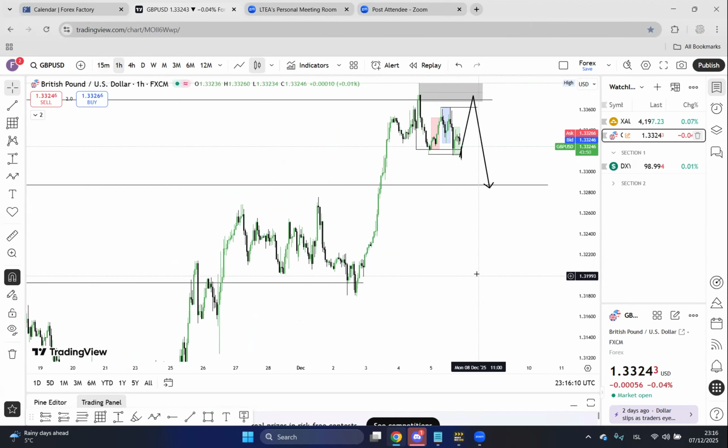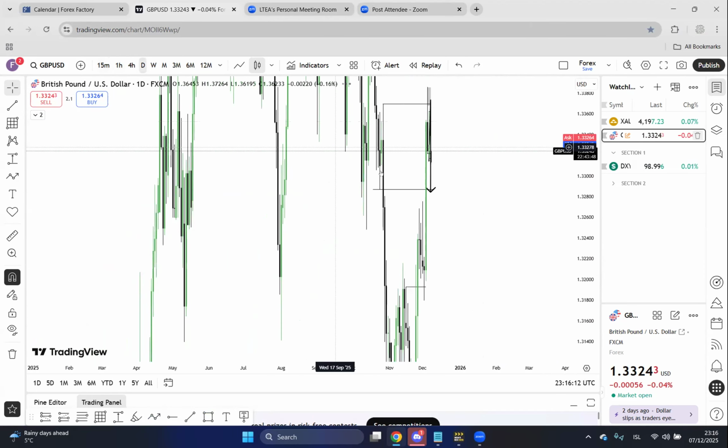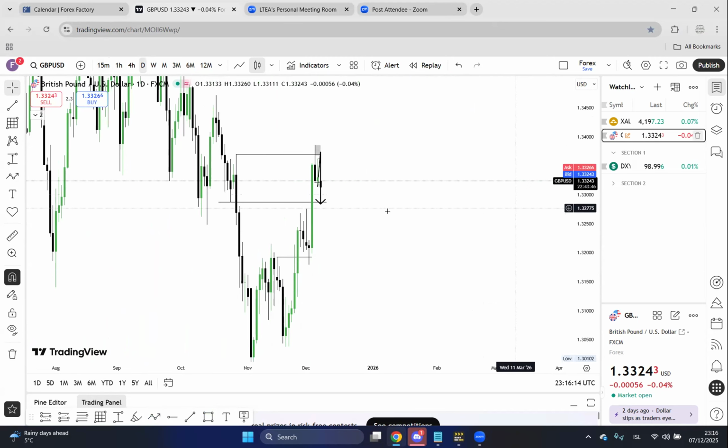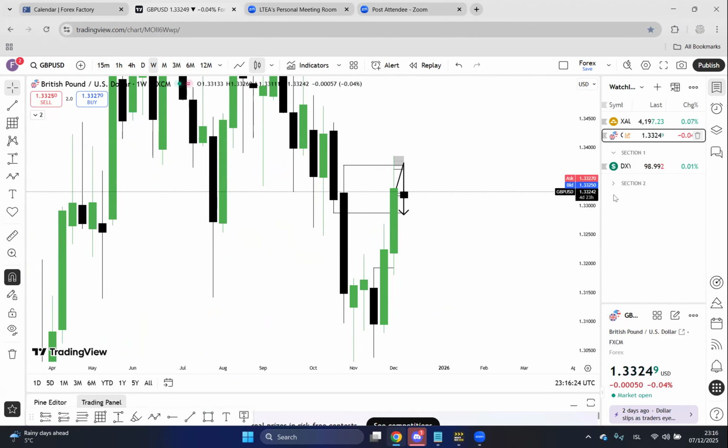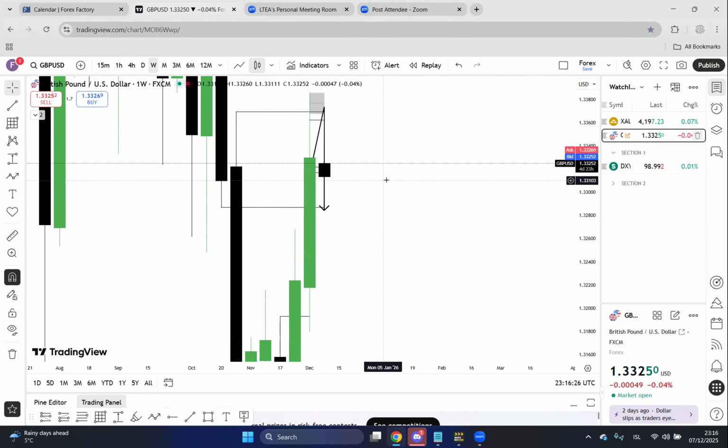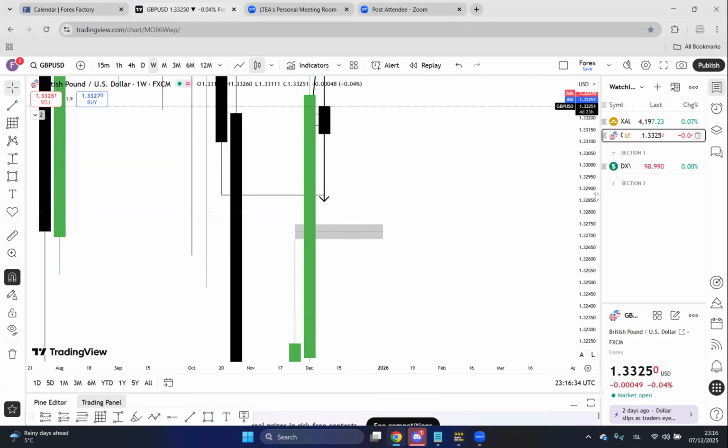Within this level, are we going to create that fair value gap I'm looking for? Maybe. From the weekly perspective, if we tap into this area and still leave some kind of gap here, it will be fine. A little bit like this.